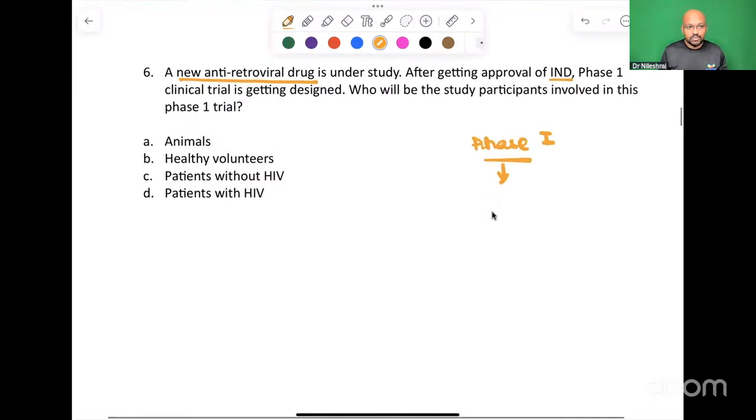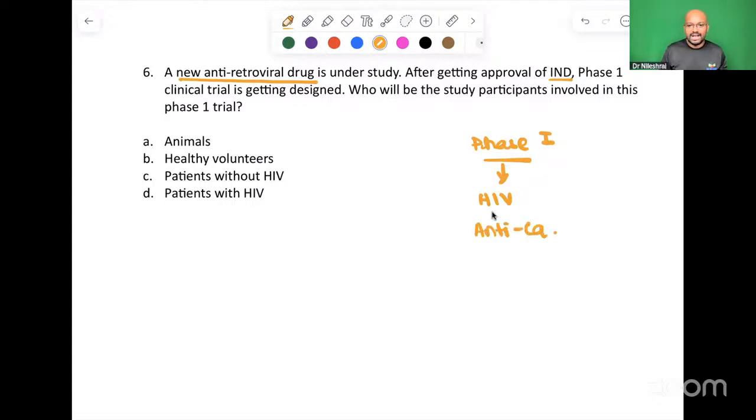But if the phase 1 trial is being done for an antiretroviral drug or an anti-cancer drug, then the phase 1 trial will involve the target population. That is the small twist in the question, guys, right?